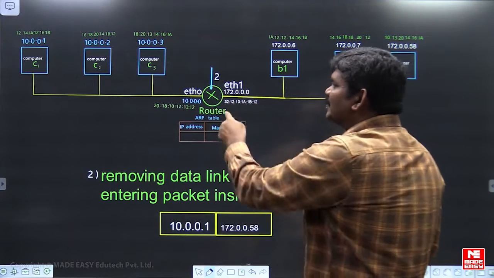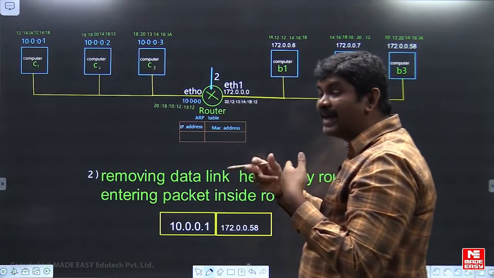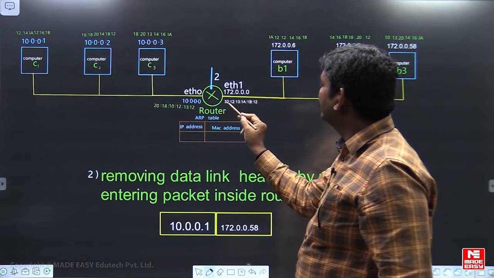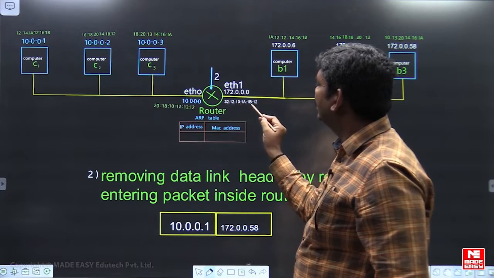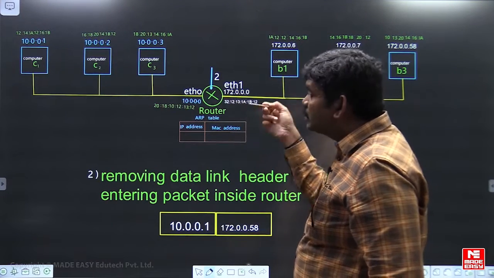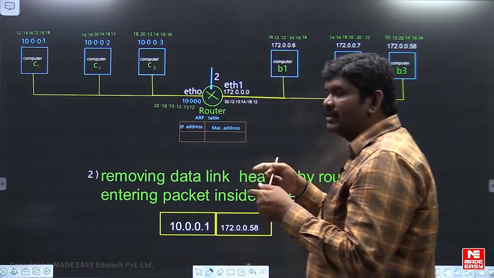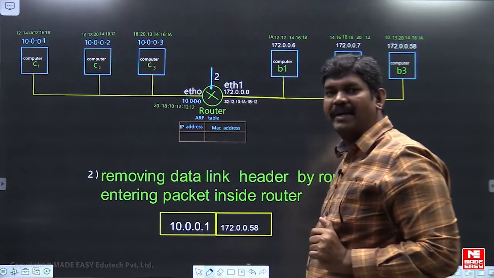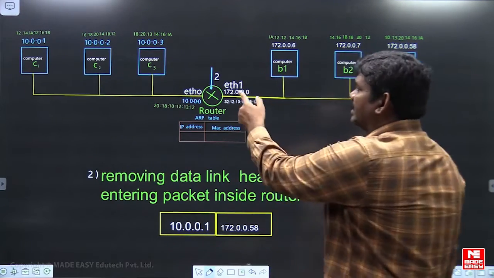So that is the reason this router is going to attach its own MAC address. This router has a MAC address for this interface. So the source MAC, whatever this router is going to attach while forwarding, will be the MAC address of this interface. Then what is the destination MAC?